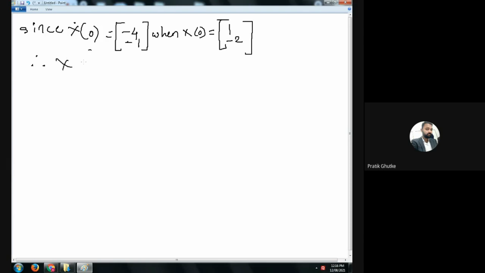What do I know? x dot of 0 equals A x of 0, so I have to calculate it. Previously I calculated the x dot of 0 value. What is it? The matrix minus 4 and then minus 1. So now placing the values here.